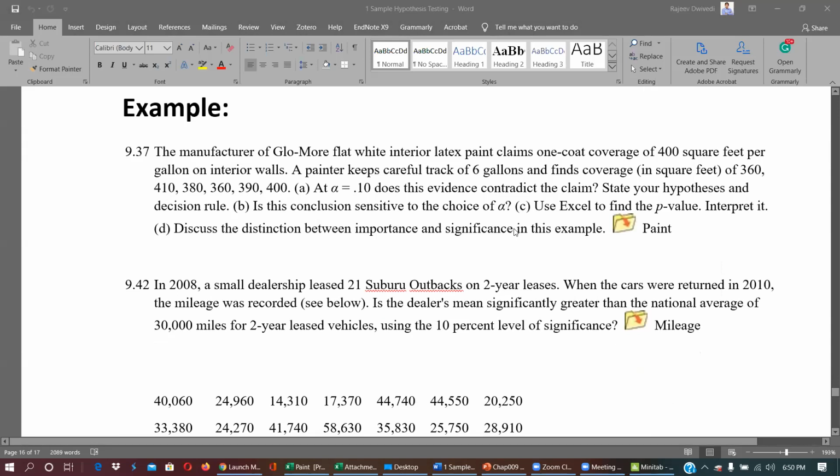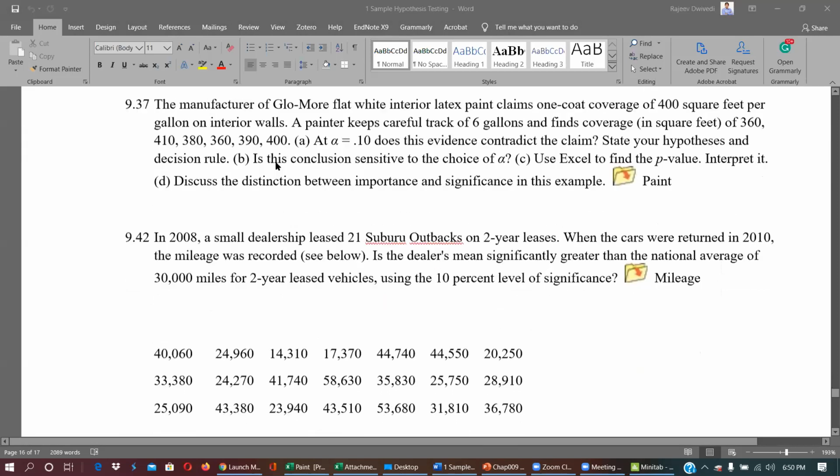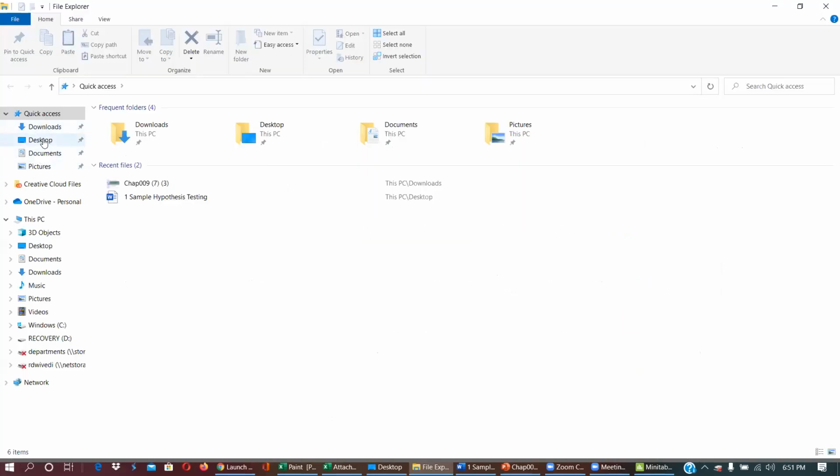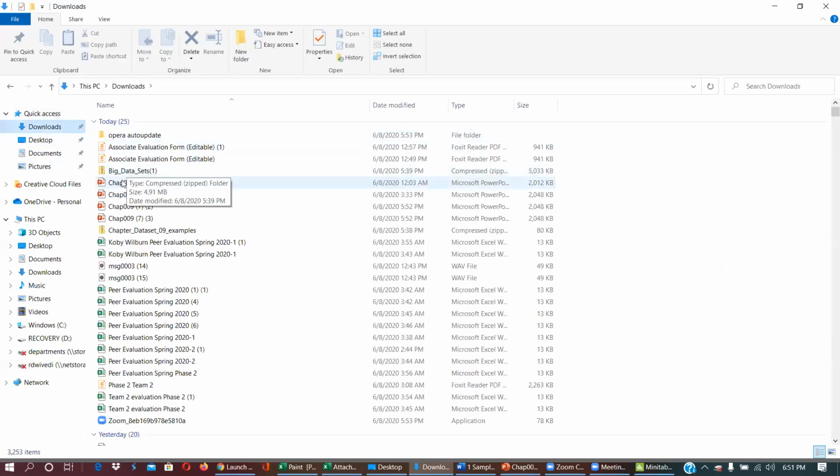Now let's do some examples right here, from our book, example 9.37. Here we have the question which is in terms of data. So let me pull the data. I have data. We used all summarized data, and let me use the download.